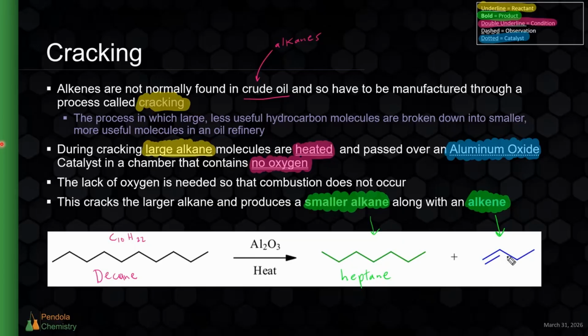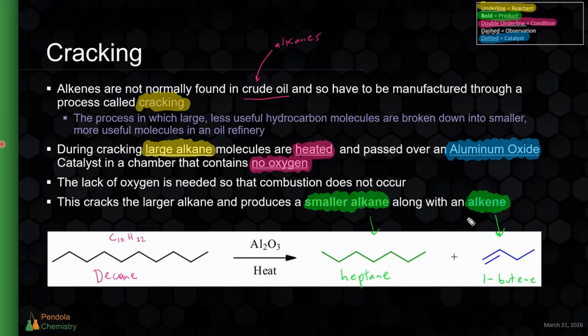That's butene, and 1-butene because that double bond is at carbon 1. So this is 1-butene and heptane that we get out of this cracking reaction.